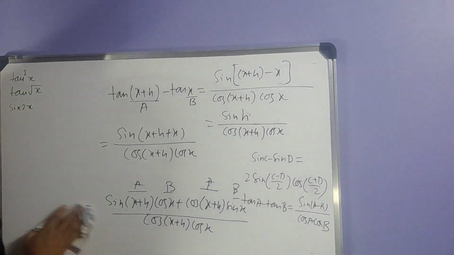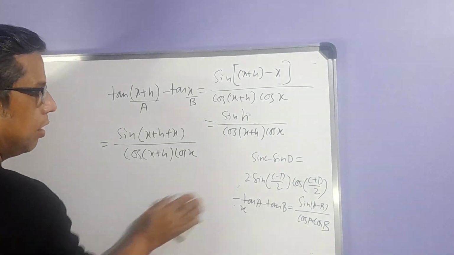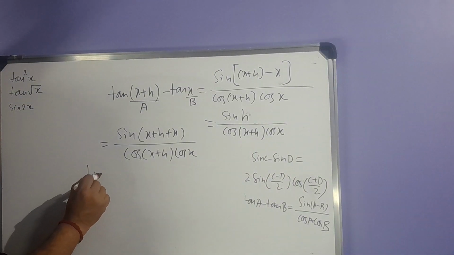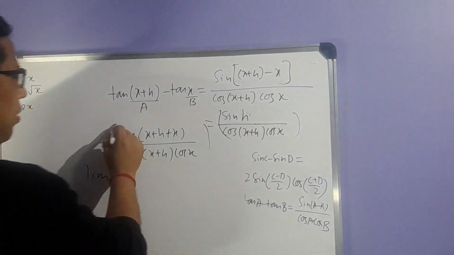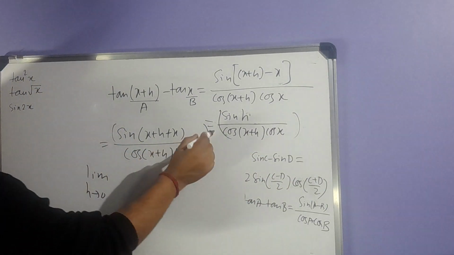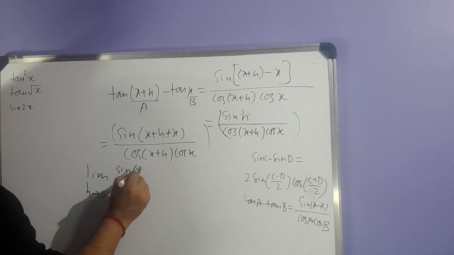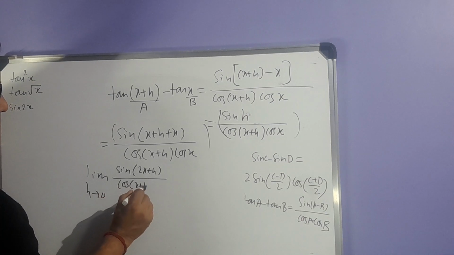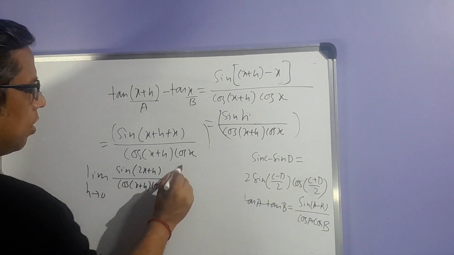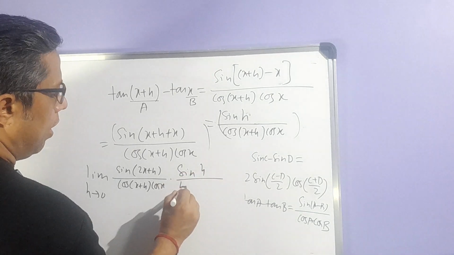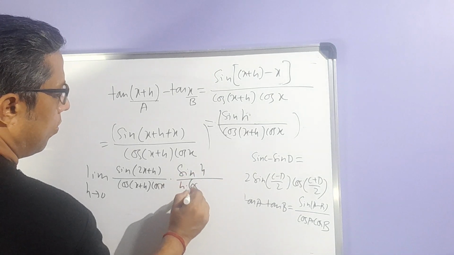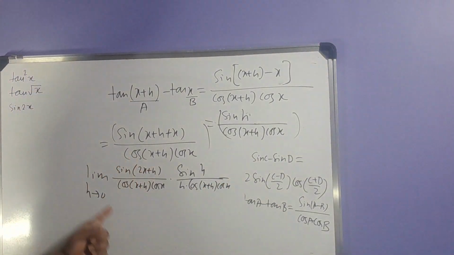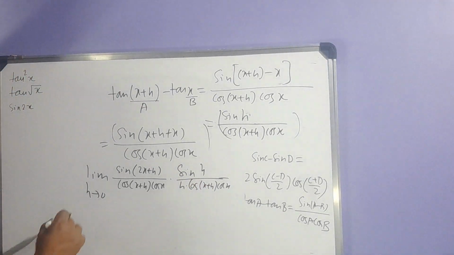Right? So now let us stitch everything together. What is going to happen? From here we got this one part and this is another part. So limit h tends to 0: this part will be sine of (2x plus h) divided by cos of (x plus h) cos x, and this one sine of h by h into 1 by cos of (x plus h) into cos x. Now let's arrange it as functions.